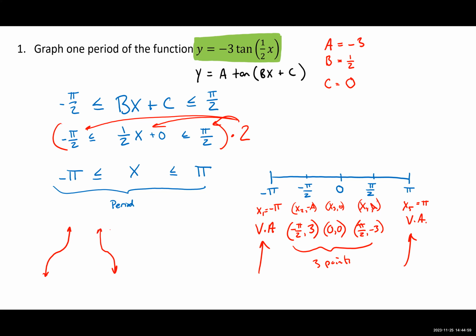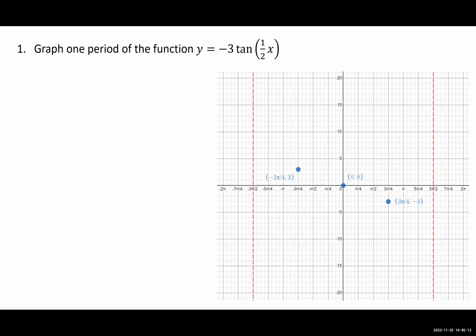It's going to have one of those 2 shapes. Right? So there's 3 points, 2 asymptotes, and that is enough to draw the graph of the tangent function.